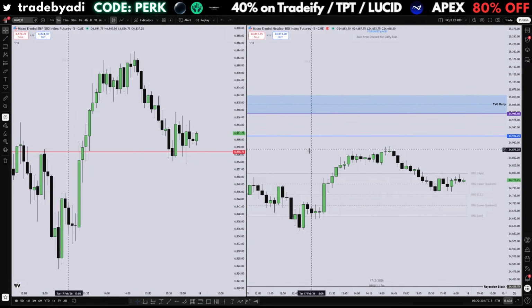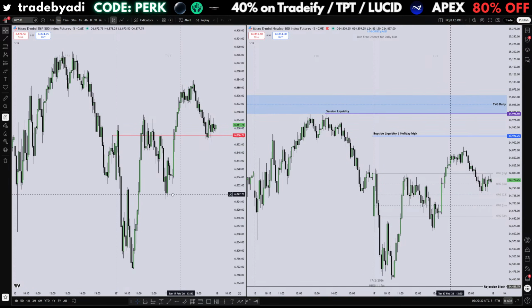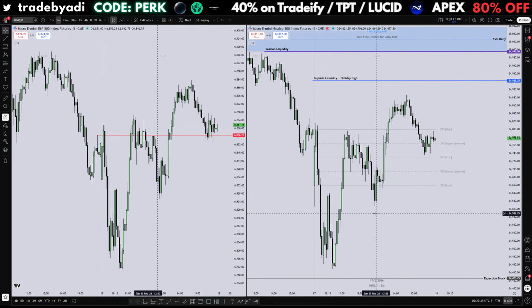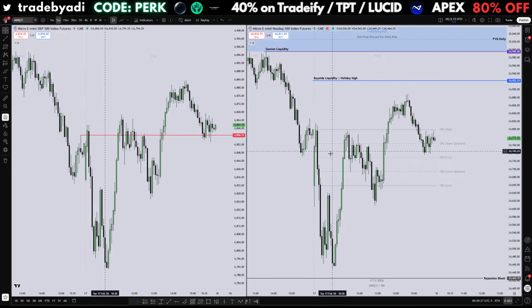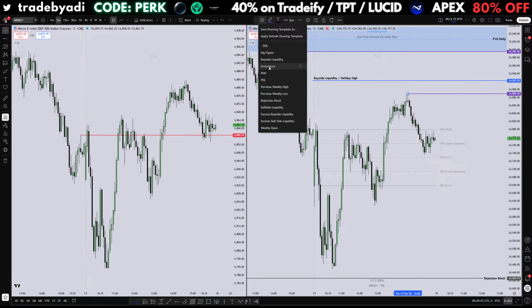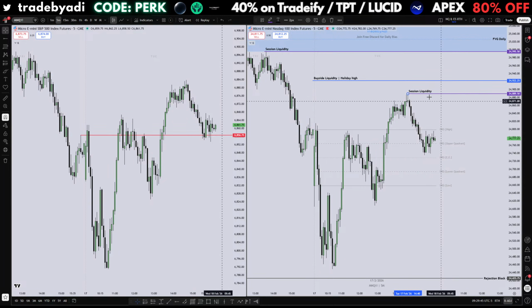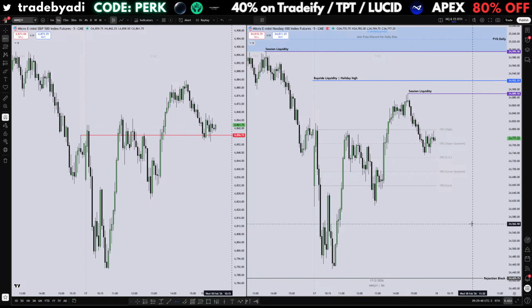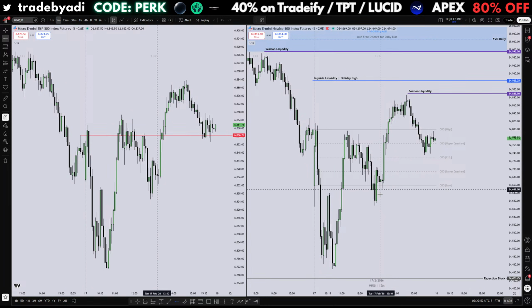So let's get into the RTH chart, where we are going to mark down the previous day AM session, PM session high, buy side liquidity, and this is the lunch hour low.